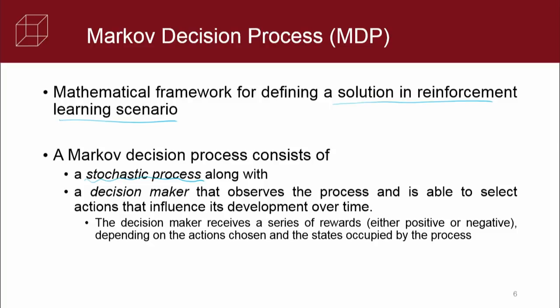Along the way, the decision maker receives a series of rewards that depend on both the actions chosen and the states occupied by the process. So this framework is what reinforcement learning assumes.